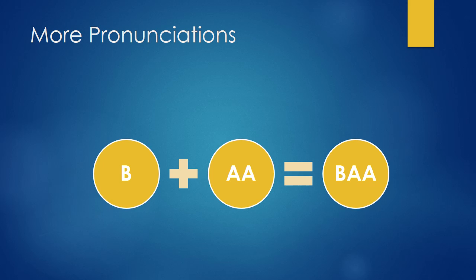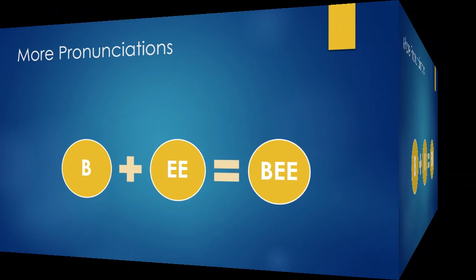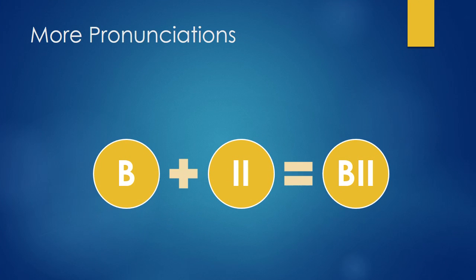How about long vowels? B and aa becomes baa. B and ii becomes bii. B and ee becomes bee. How about b and oo, two o's?